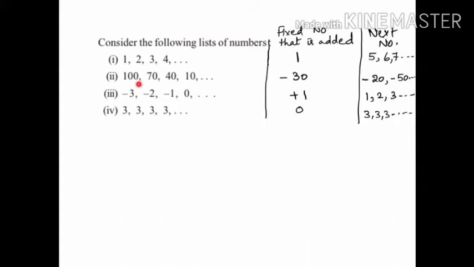So in the lists given here, there is a definite pattern, and this pattern is obtained by adding a fixed number to the previous number to obtain the next number.